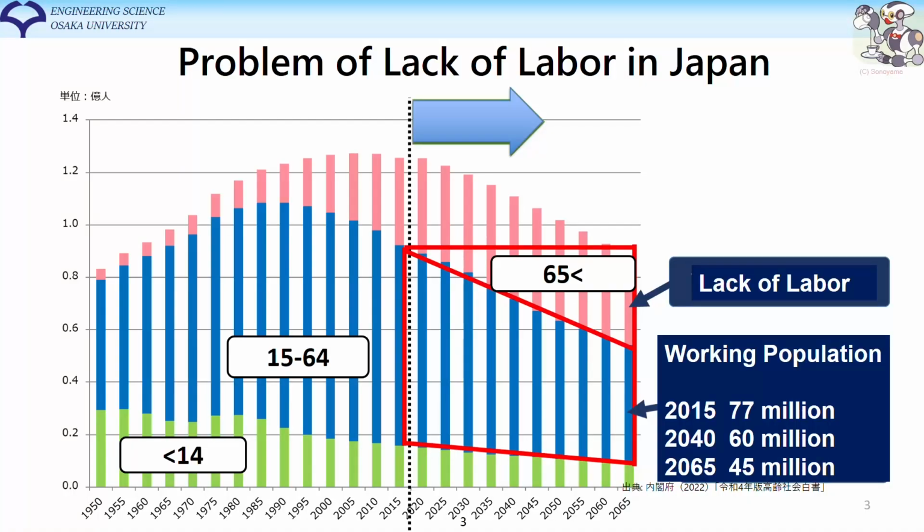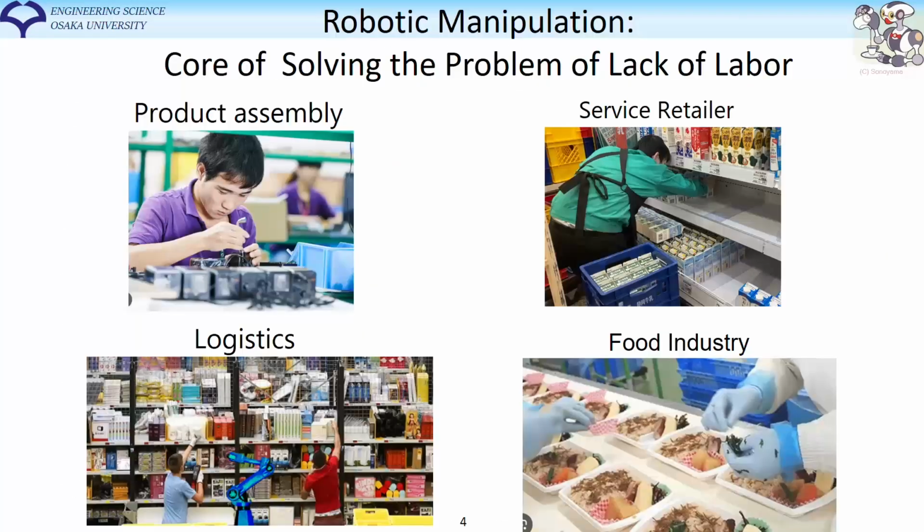Over these 50 years, the working population will decrease from 77 million to 45 million. So this is a very big social problem in Japan. I think that robotic manipulation is the core of solving the problem of lack of laborers.